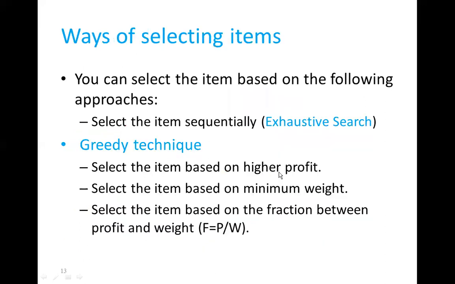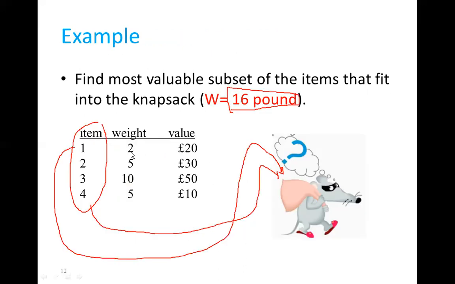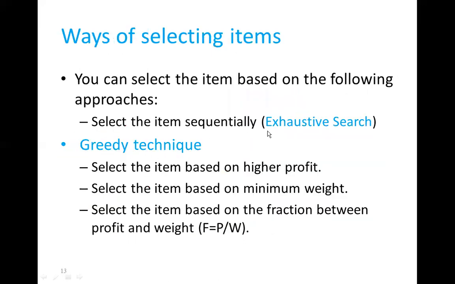There are different types of selection. We can use a set of approaches to select these items, and we can select them based on exhaustive search. This is the topic that will be discussed today.